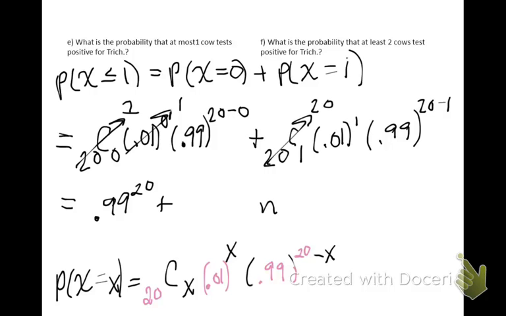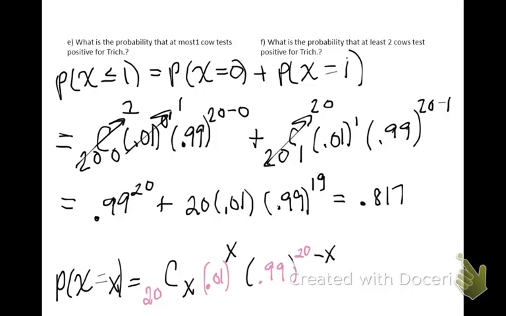As a matter of fact, n choose 1 will always be n. So we can rewrite this as 20 times 0.01 times 0.99 to the 19th power. Going to the calculator, this gives us a probability of 0.817.